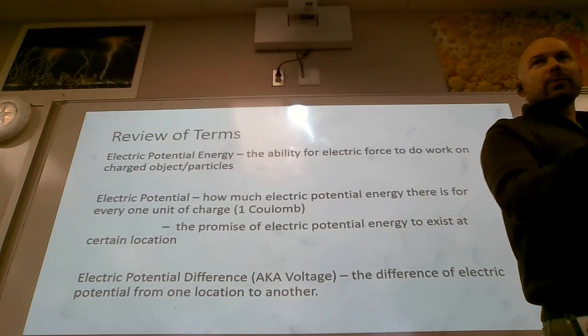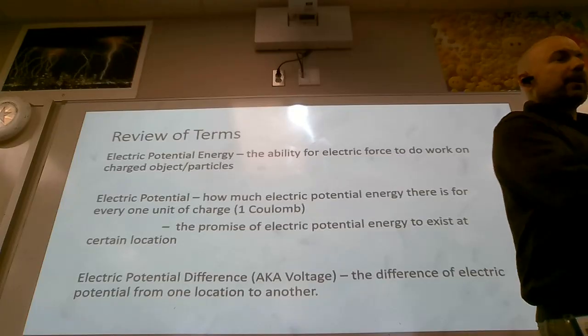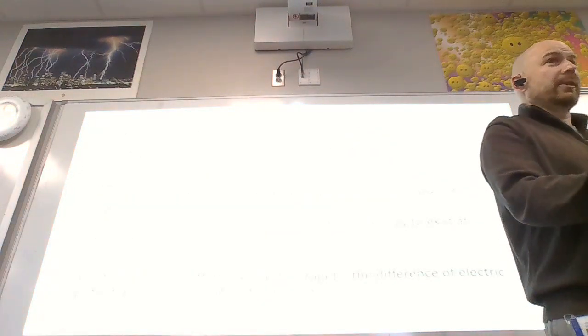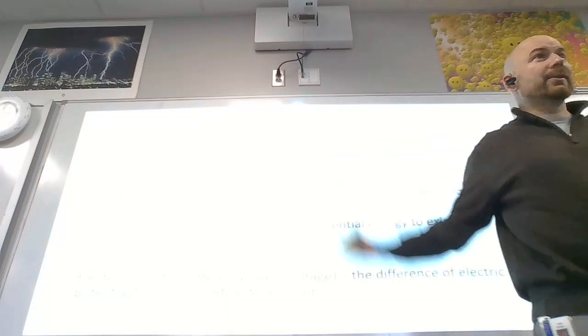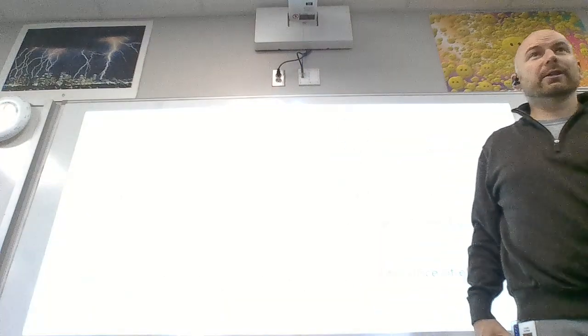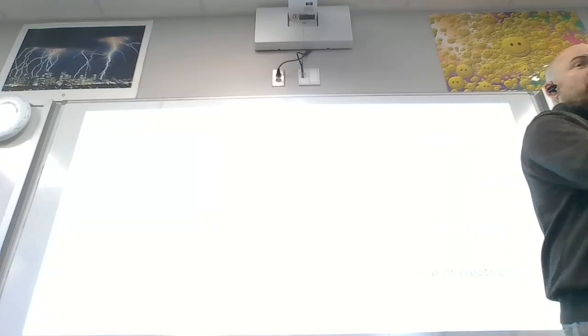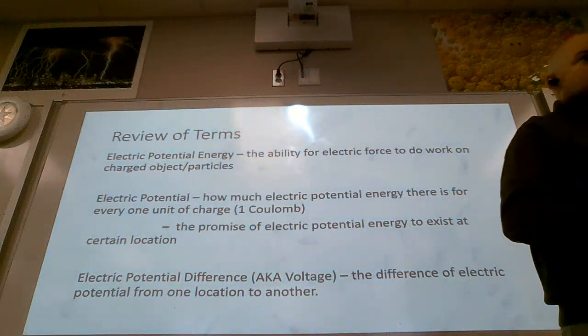Whether this is charged, whatever it is, it's either going to be attracted or repelled, but there's potential energy there. If I take this away, is there any potential energy in this location? No, but there is electric potential. There's a promise of electric potential energy if you take something with charge and you put it in this location. It's how much energy there would be per coulomb.